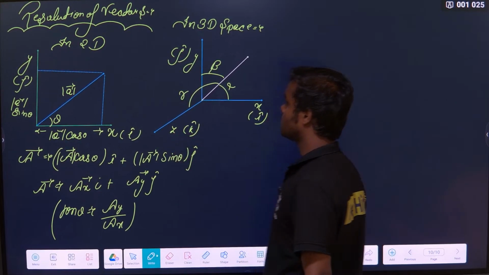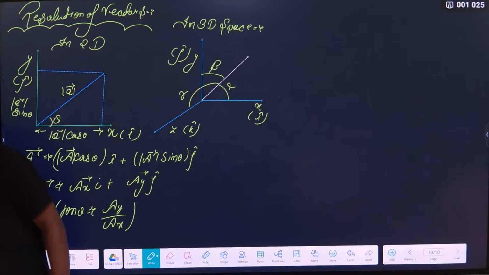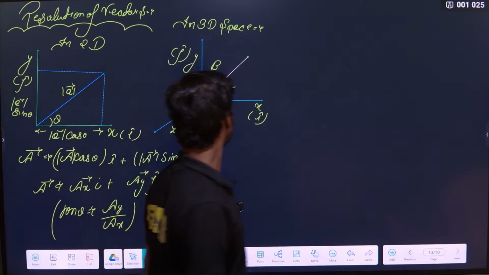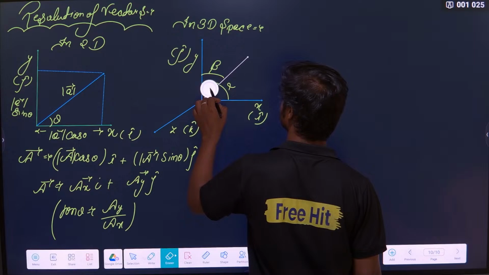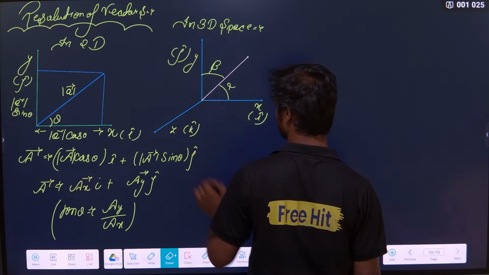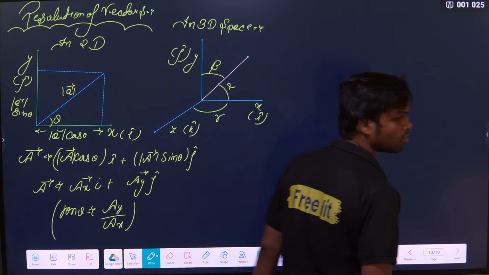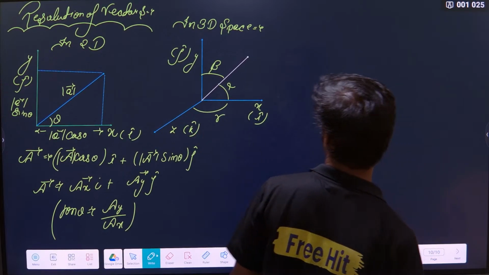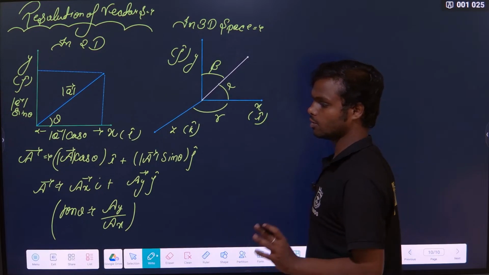Correct? Alpha, beta, gamma, all three angles are given like this. Now, how will you take the component and how will you write it?